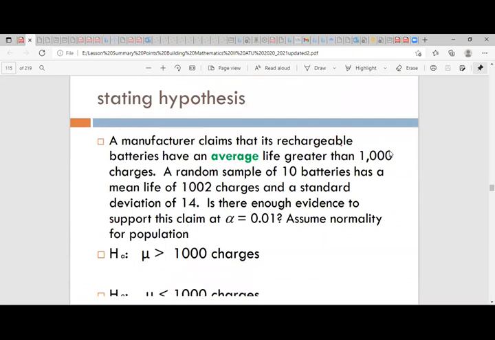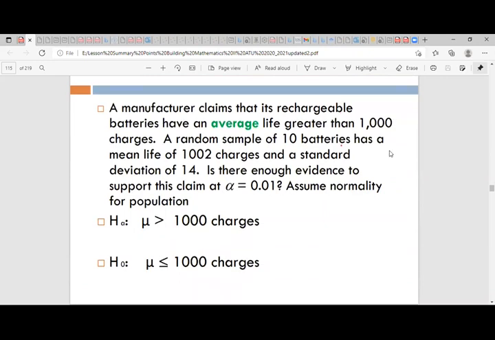Step one says you have to state the null and alternative hypothesis. In every research, you have two types of hypothesis. We have the null, and then you have the alternate, or what we refer to as the research hypothesis. And because in your experiment, you are conducting an experiment.